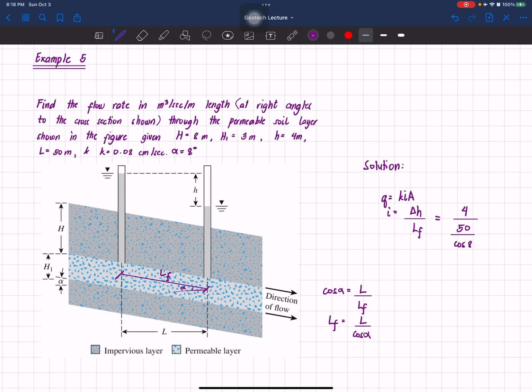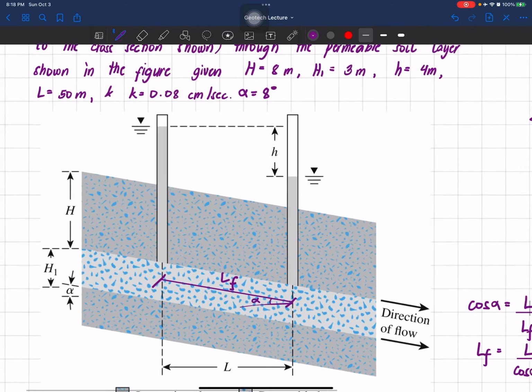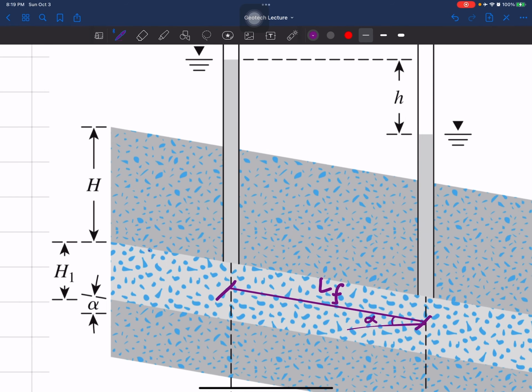Okay, so meron na tayong I. What is now our A naman? Okay, so what is our A? Paano natin kukunin yung A? Well, yung A natin, check natin doon. Ito yung kukunin nating area, guys. Okay, so yung area na kukunin natin is this one.